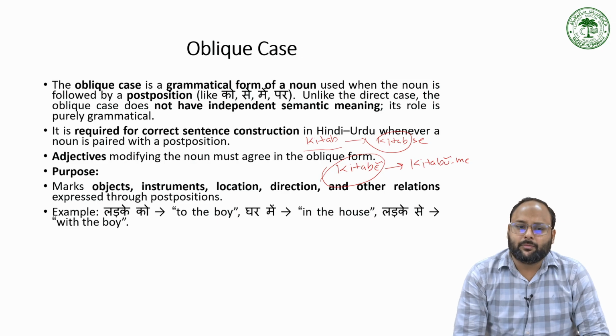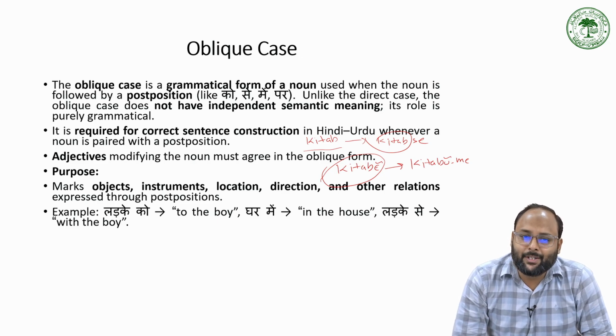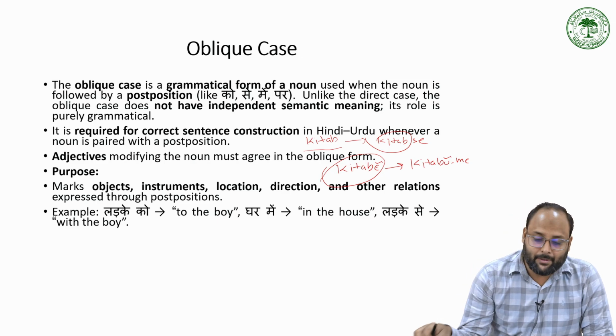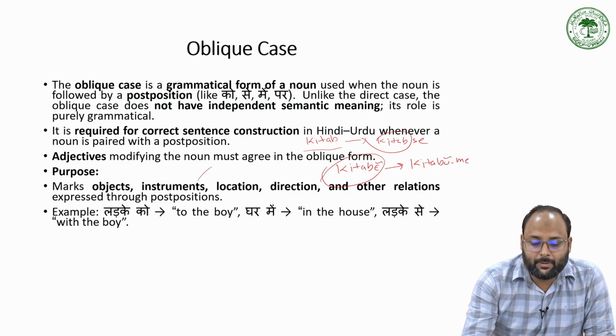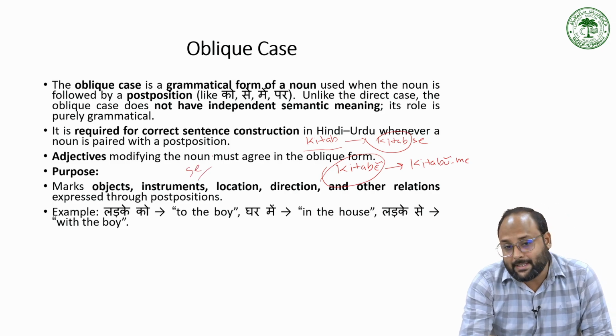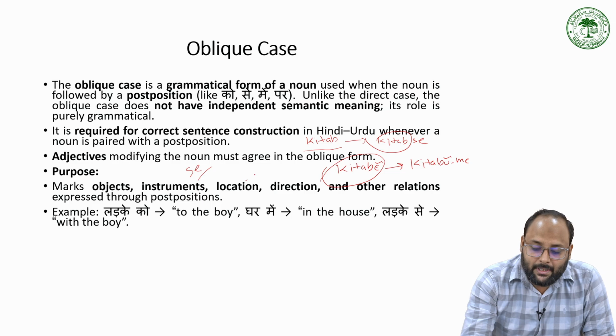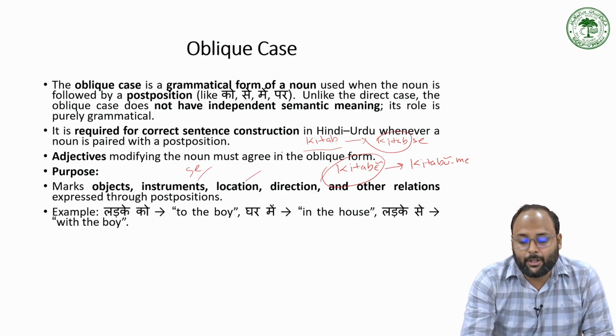So the oblique form can be in any case, like when we have the instrumental case. When we are adding the se postposition to any noun, the base form becomes the oblique case, and it also has the locative case, like mein.